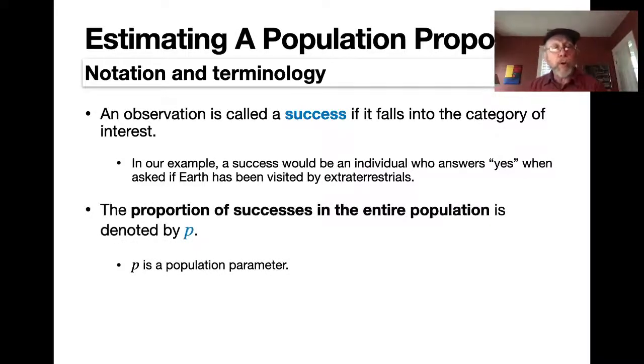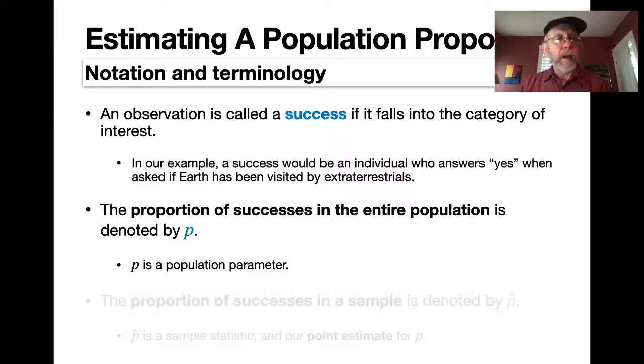The proportion of successes in the entire population is the population parameter that we're interested in. And we're going to denote that parameter by the letter p. So lowercase p denotes the true proportion of all U.S. adults who believe we've been visited.